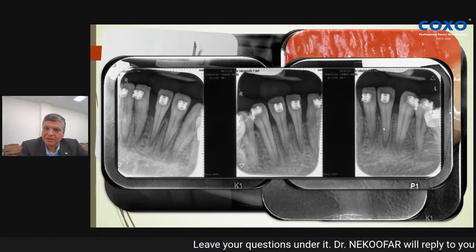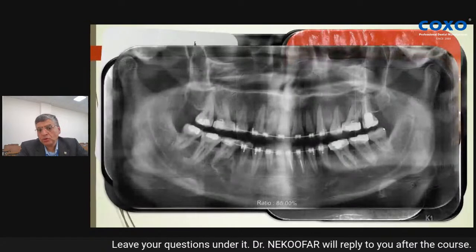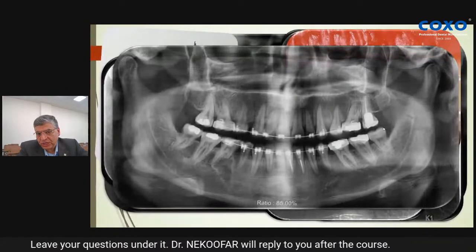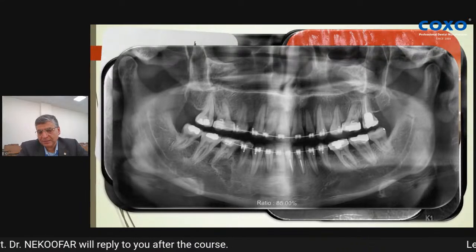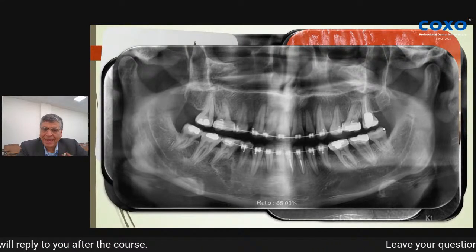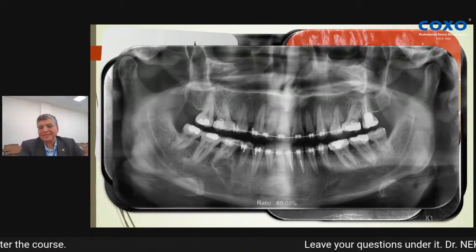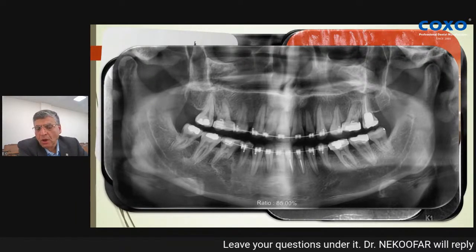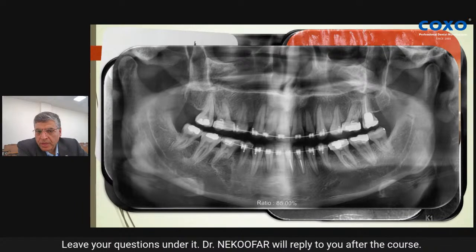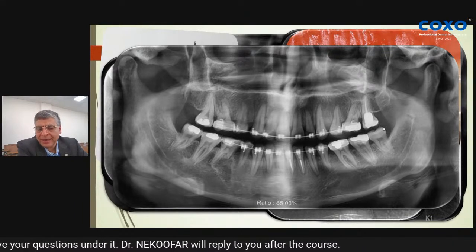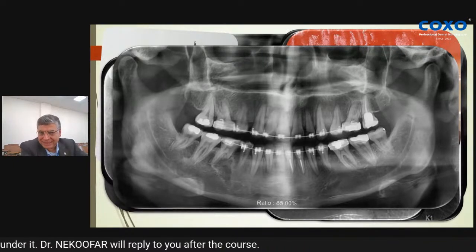I looked at the other teeth as well, and two of them needed root canal treatment, which I did, and then the orthodontic treatment was initiated. So this is another take-home message: before initiation of any type of orthodontic movement, we need to carefully examine all the teeth.